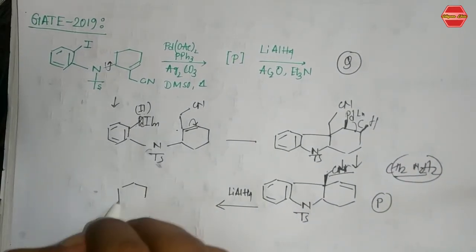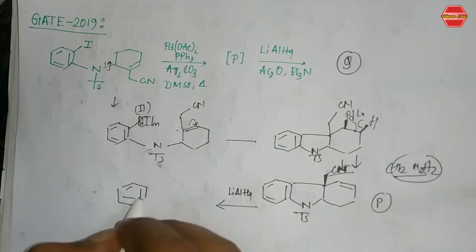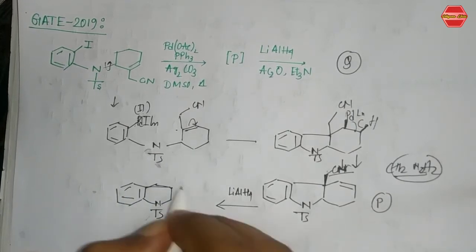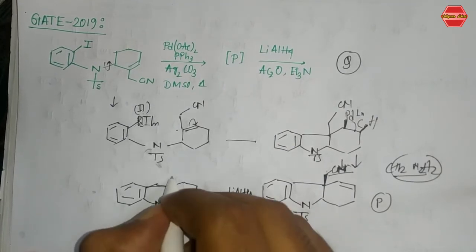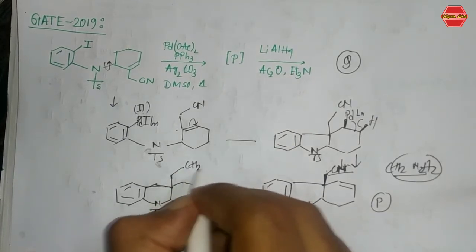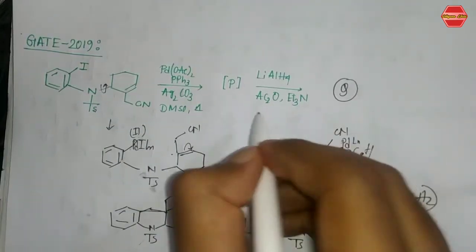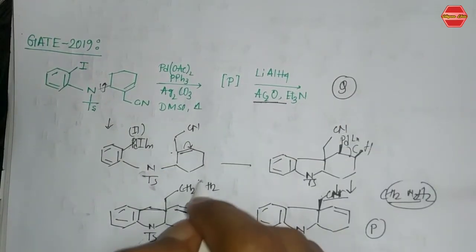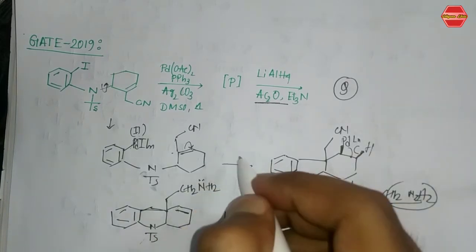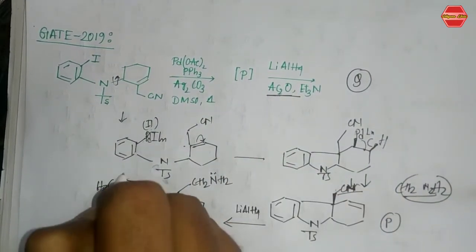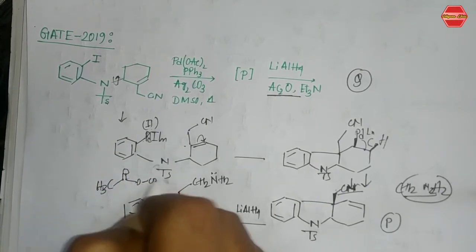And along with this we are getting CH2NH2. Here is a double bond. Now you are given Ac2O. You know that the lone pair is comparatively more reactive, so it will attack this Ac2O. Ac2O is basically acetic anhydride, COCH3.